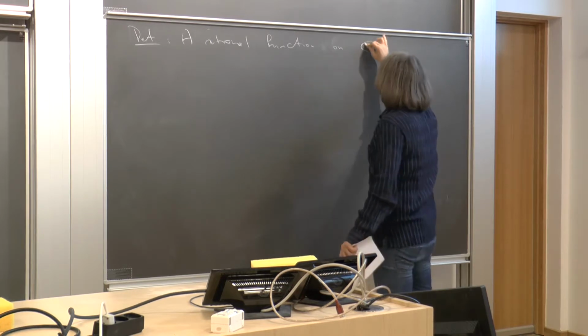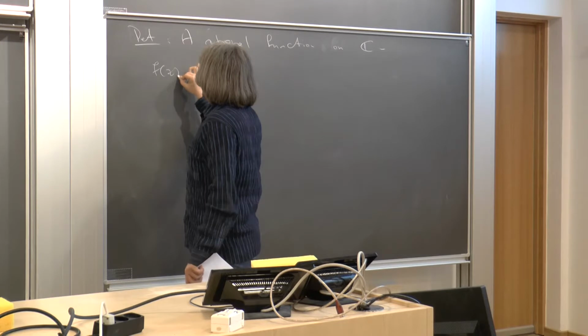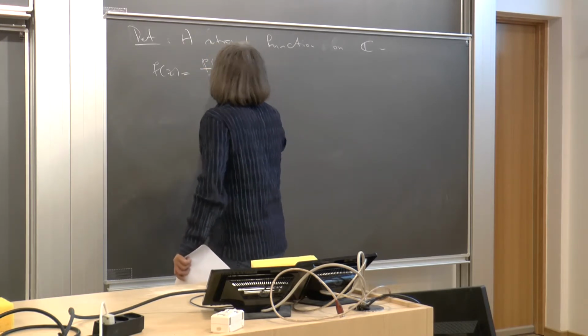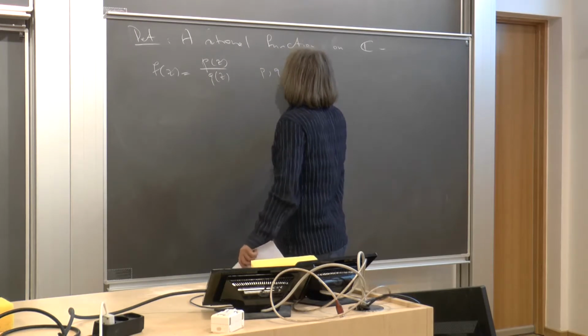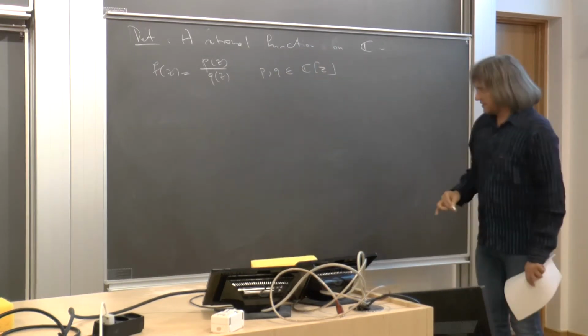On C is f of z, which is, let's say, p of z over q of z. P, Q are polynomials over there.